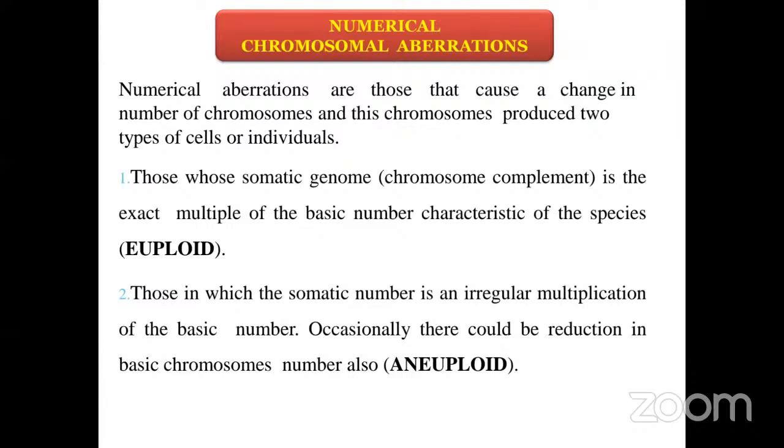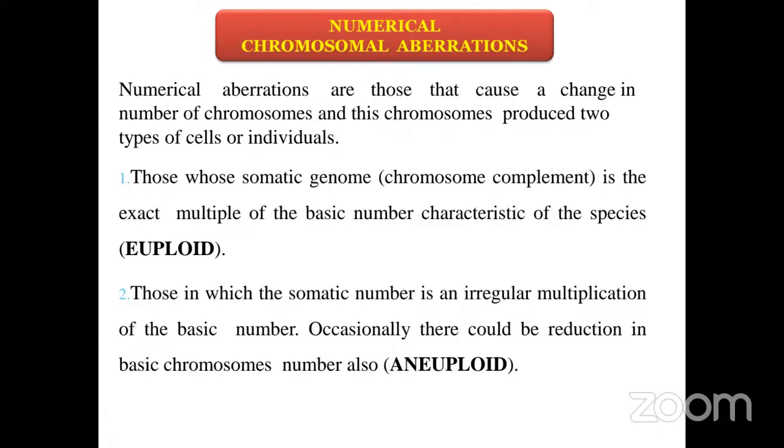But in the case of aneuploid, the somatic number is an irregular multiple of the basic number. Occasionally, there could also be a reduction in the basic chromosome number. Aneuploid means either one chromosome is lacking.